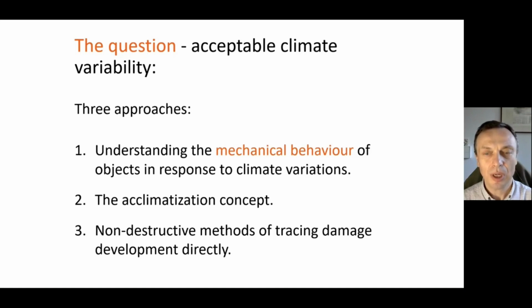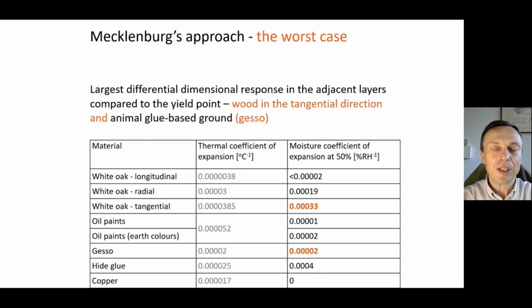I will just focus your attention on mechanical behavior. And this is quite problematic, how to determine what is safe and what is not safe for the objects, because we have thousands of objects in the collections, if not millions. We don't know the material properties, we don't know the precise construction, we don't know the environmental history.